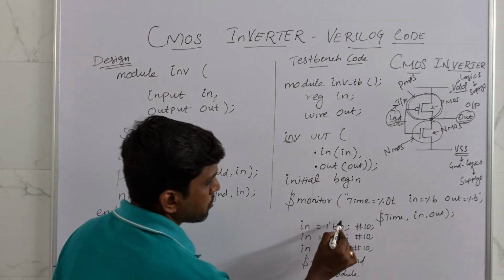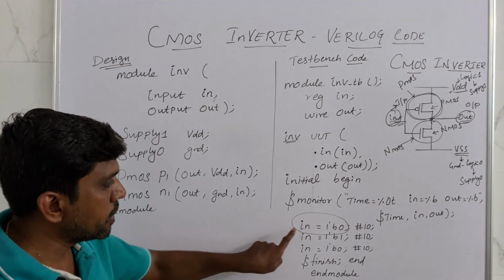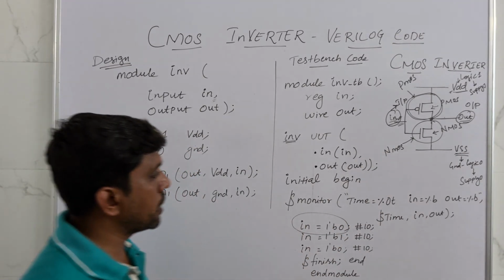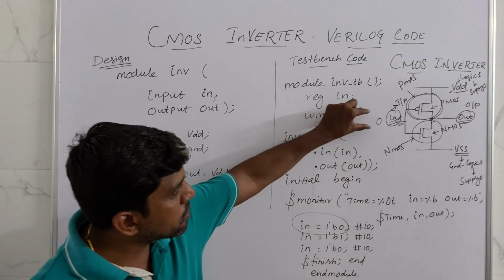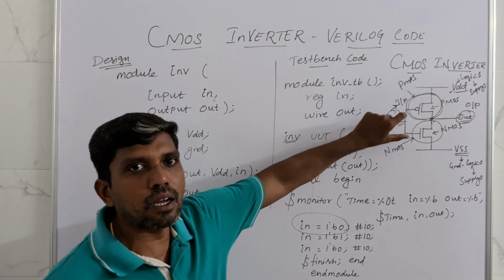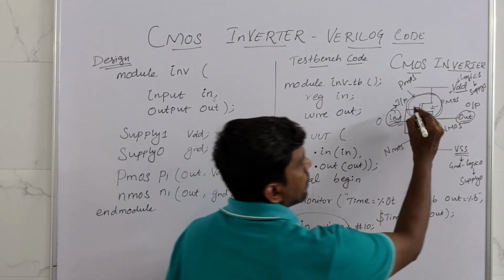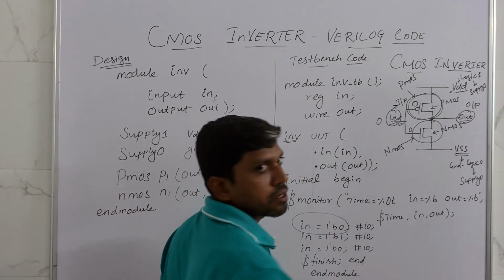Let me substitute the value inside the circuit. Initially in equal to 1'b0. So initially this value is 0. This 0 is applied to the gates of both the PMOS transistor and the NMOS transistor. The PMOS transistor gate is 0, the NMOS transistor gate is 0.